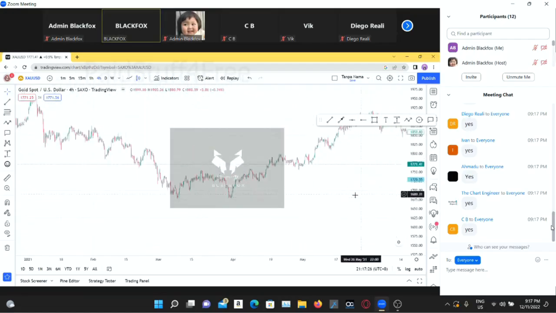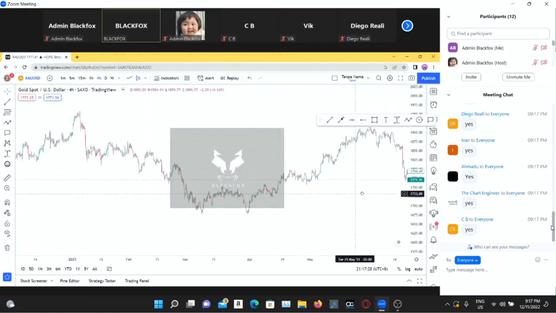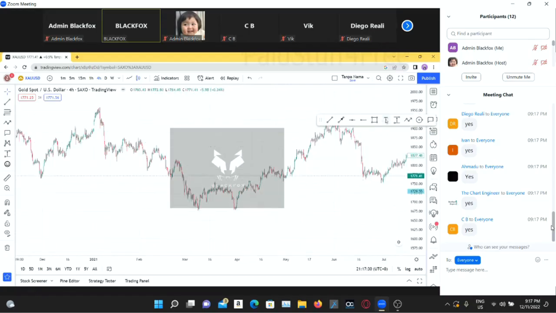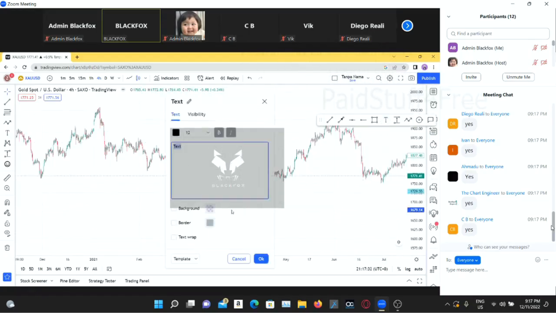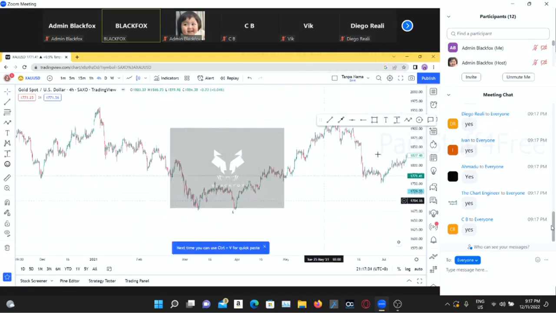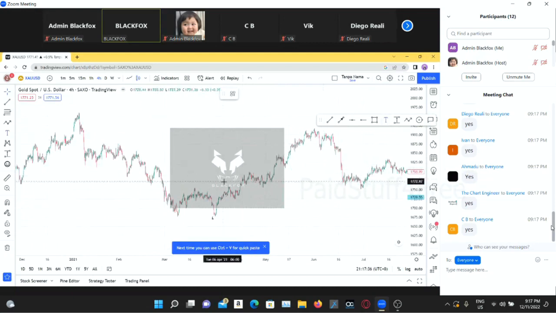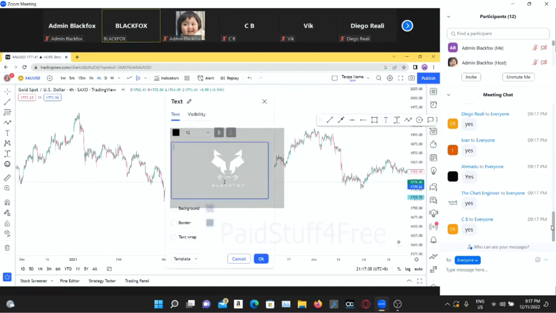So example like this one, see, okay, this one for uptrend, right? If you want to hold swing entry, just use this one, market structure. Always use the big picture.